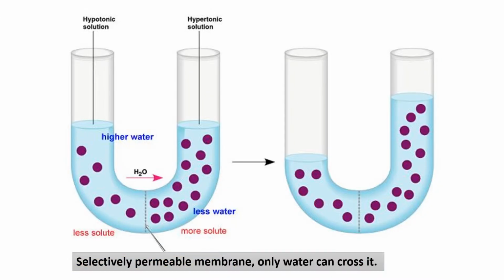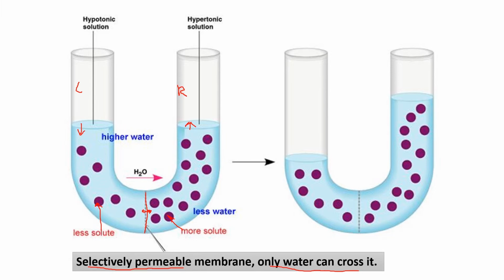But it will be a different situation if on our left and right side of the tube we put exactly the same solutions, with higher and lower concentrations of the solute, the red particles, but this membrane is selectively permeable, or semi-permeable, and only water can cross.